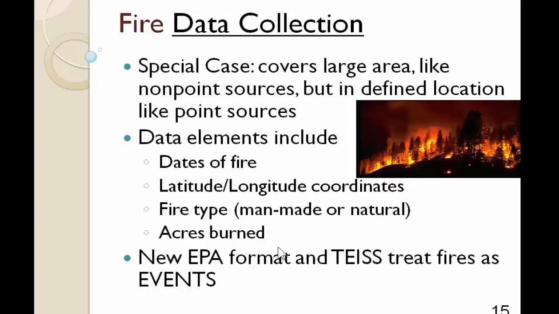The new EPA formats and TEISS treat fires as events. There are potential developments at EPA to completely handle fire events and then provide the data, similar to what they do for airports, to provide the data for people then to look at the emissions and perhaps use them in their emissions inventories in that scaled down fashion. And we will assist you and keep you apprised of that.